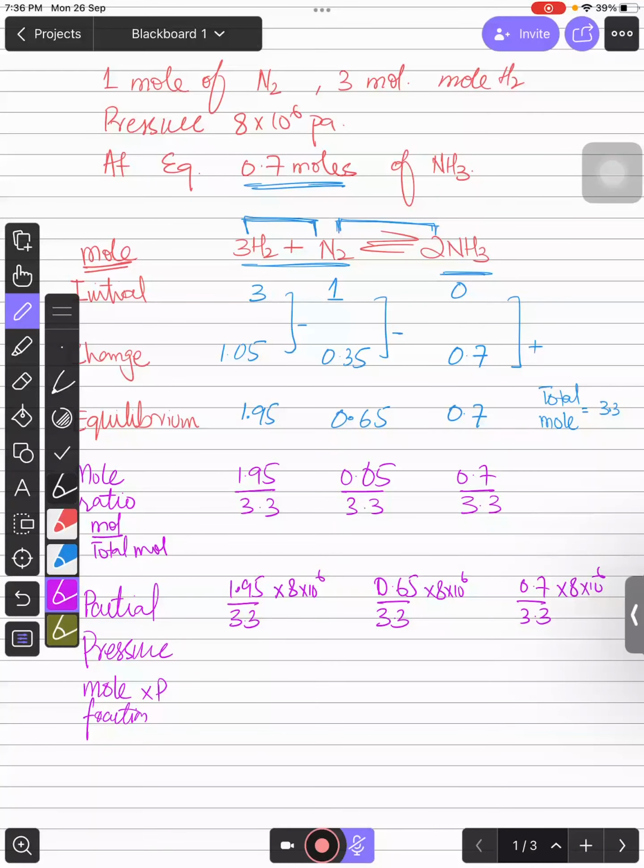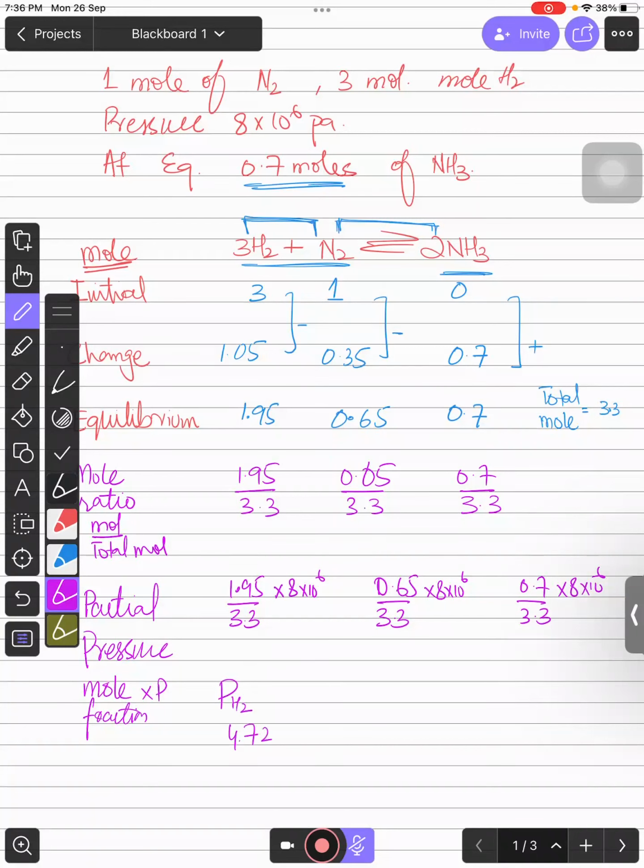So we are talking about 1.95 over 3.3 into 8 10 raised to the power 6. So it is telling us the value of the pressure of hydrogen. Partial pressure of hydrogen is actually 4.72 10 raised to the power 6.